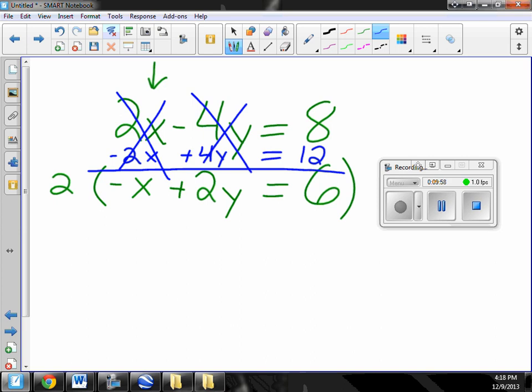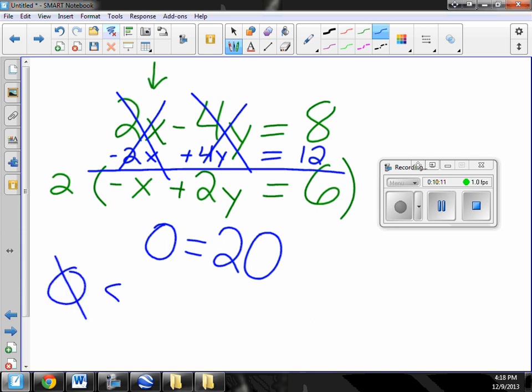And I'm left with 0 equals 20. And we know whenever we get an untrue statement, those lines are parallel, which means that this one has 0 solutions. There are no answers to this one because the lines are parallel. Okay?